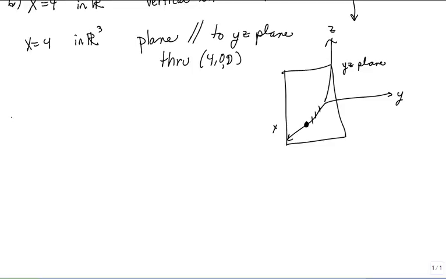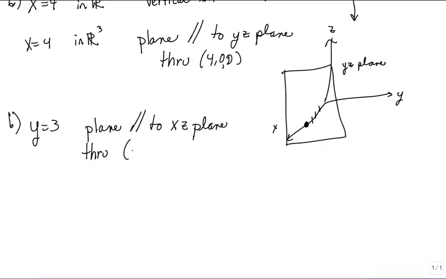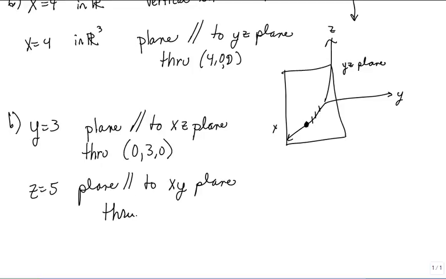Okay. In B, we're back in R3, y equal 3 is the plane parallel to the xz plane, and it's through the point 0, 3, 0. And z equal 5 is the plane parallel to the xy plane through the point 0, 0, 5.